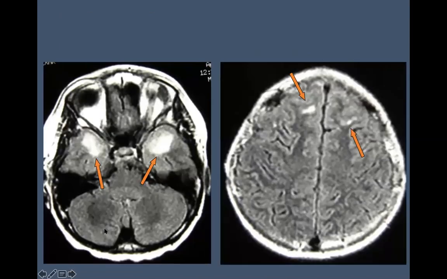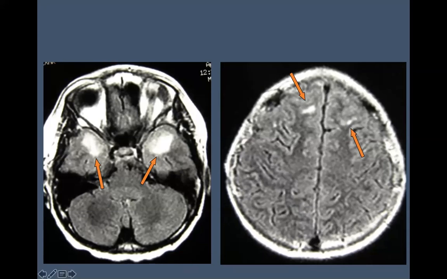And then the other dreaded complication besides hydrocephalus would be brain infarcts, and they often occur in the basal ganglia and in the thalamus, but you can also have them in the parenchymal regions and the subcortical white matter, and that's what these areas outlined by the arrows are.